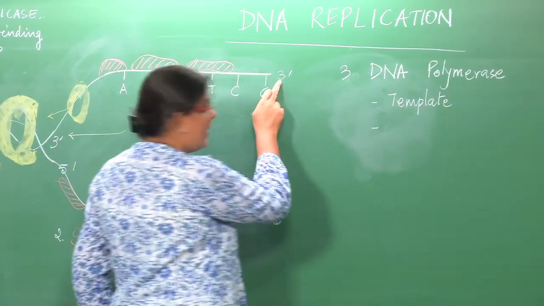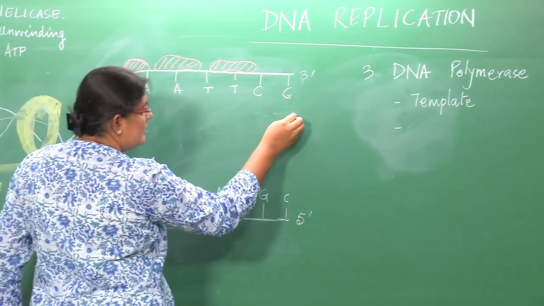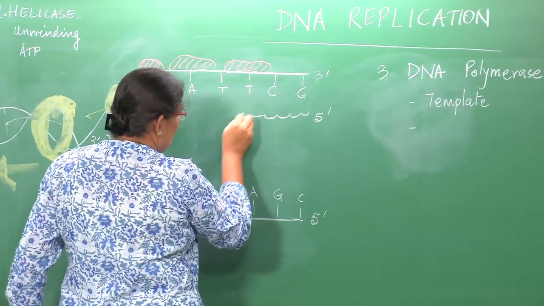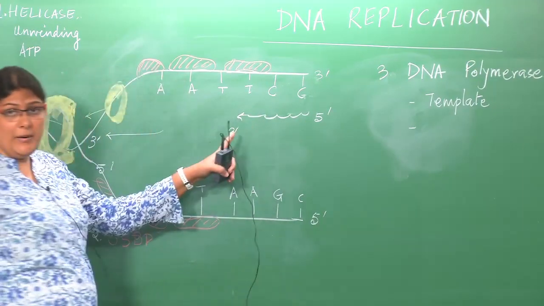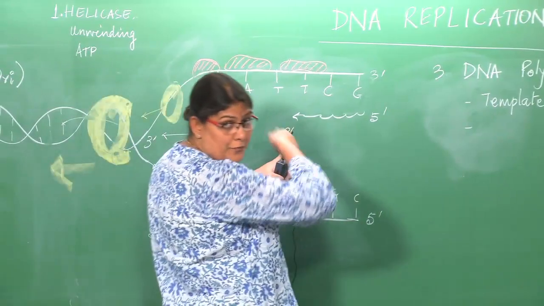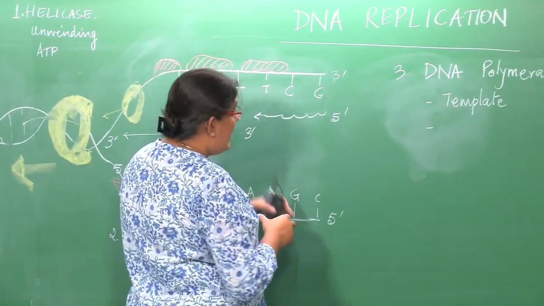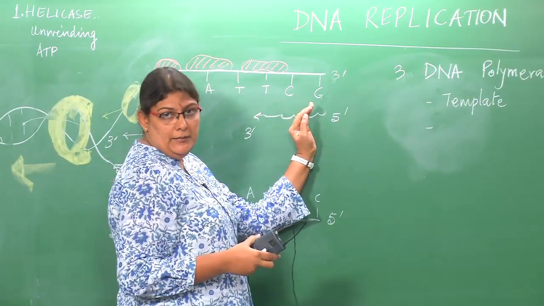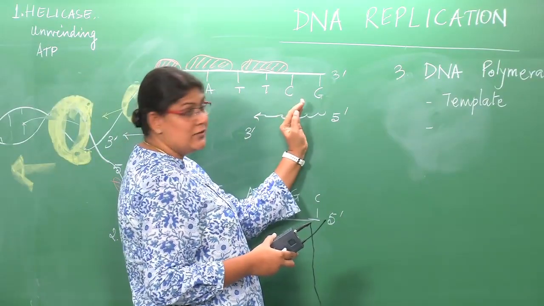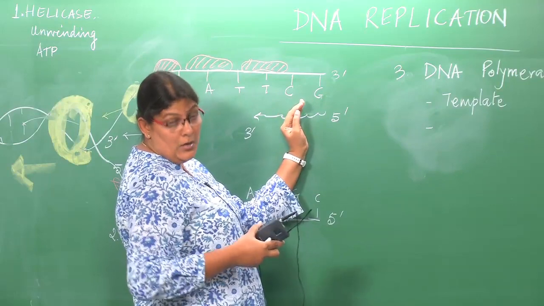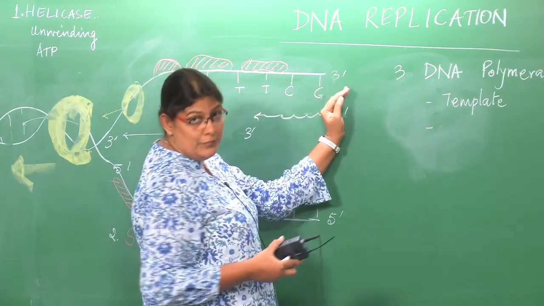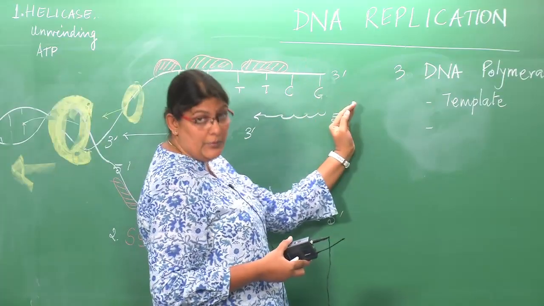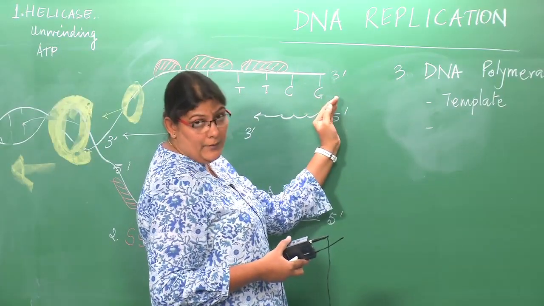So, the new strand which has to come here has to get synthesized in 5' to 3' direction. Remember, there is a formation of a phosphodiester bond, and this happens because the incoming nucleotide has a phosphate at the 5th carbon of the sugar, which has to form a phosphodiester bond with an existing nucleotide having a 3' hydroxyl.